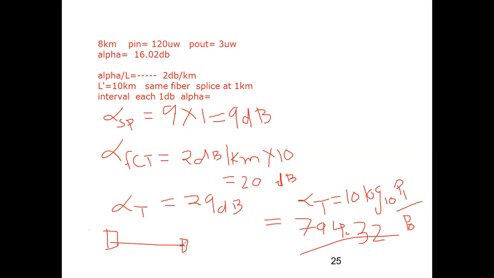In some situations, they will tell you the connector loss at the receiver and at the transmitter. Simply keep adding to alpha total, since every loss contributes to the alpha total.